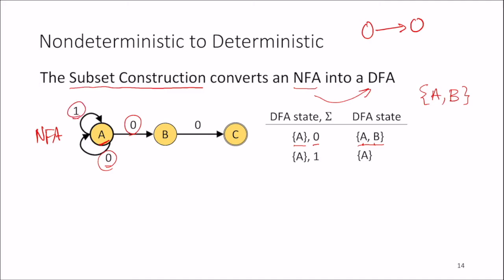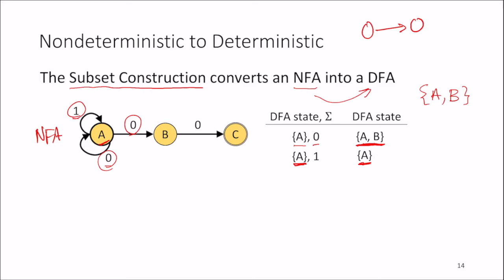Notice that I end up back at state A, so I'm back in a set containing only the state A. Now for this set of states, which in this case contains just one element A, on input symbol 0, I end up in this set of states AB, and on 1, I end up back to itself, essentially.